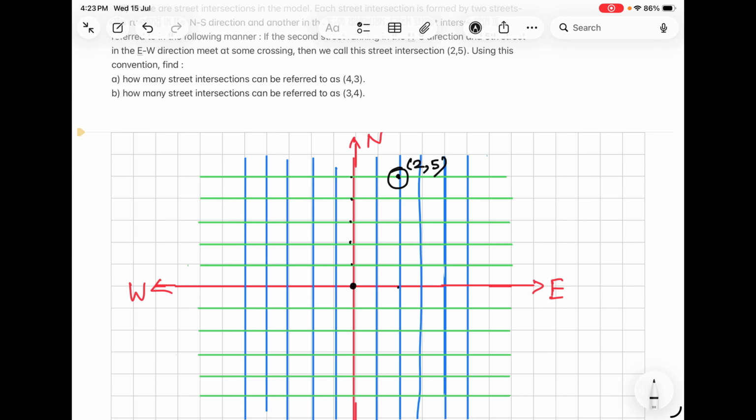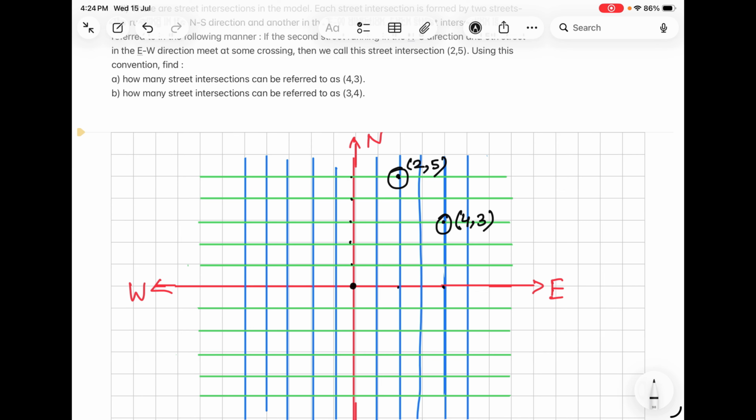So using this convention, find how many street intersections can be referred to as 4-3. Where is the fourth? 1, 2, 3, 4. And 3: 1, 2, 3. So this is the 4-3 street, and we can refer to only one street intersection as 4-3.